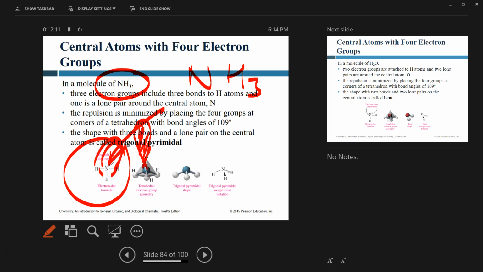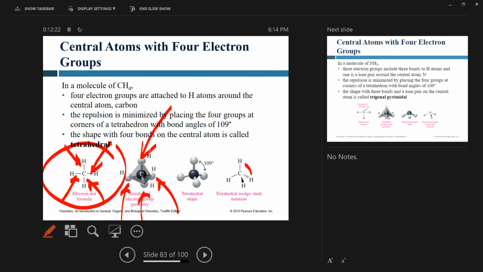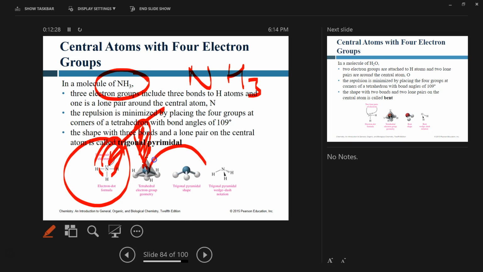So in this case, we do basically the same arrangement. We do tetrahedral arrangement. The only thing that is different compared to the molecule of methane is that in methane we have the 4th hydrogen, and in the molecule of ammonia we do not have that 4th hydrogen. The lone pair sticks out here. Does that make sense?